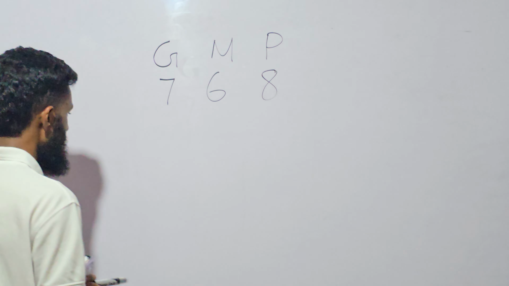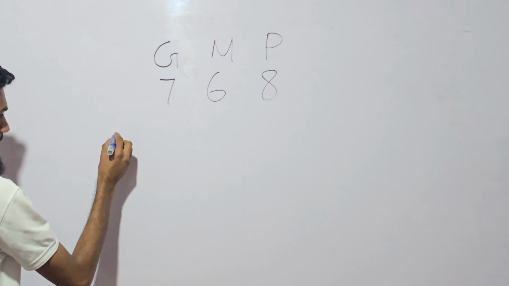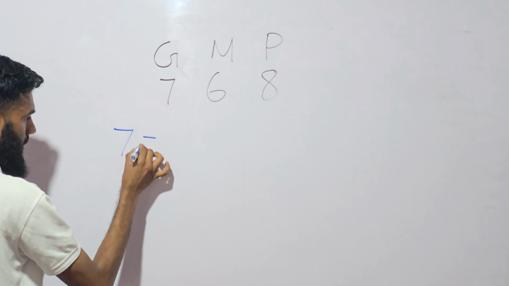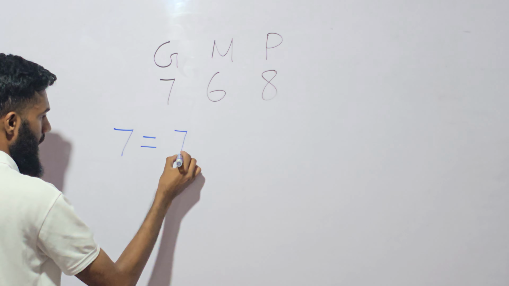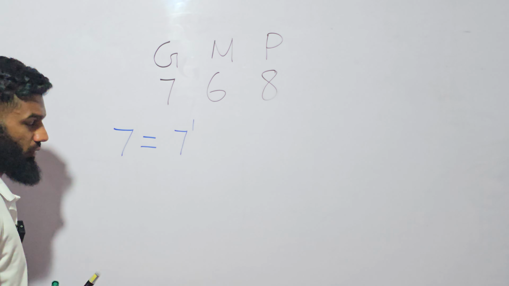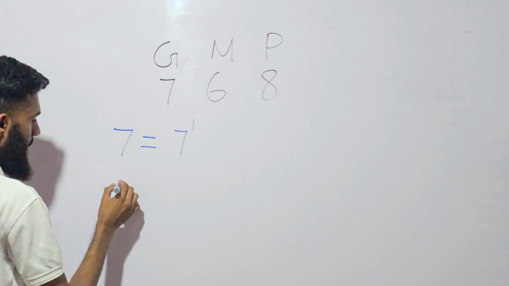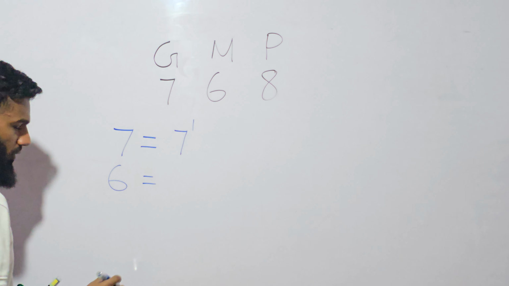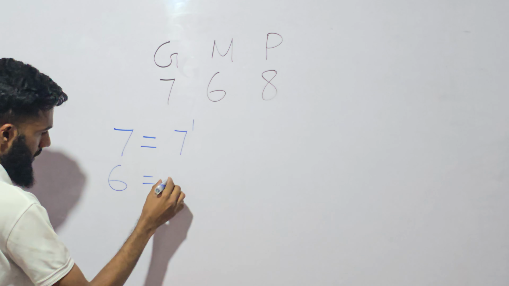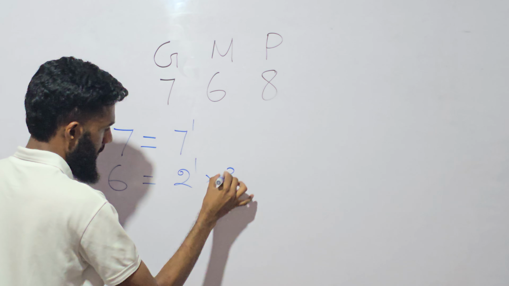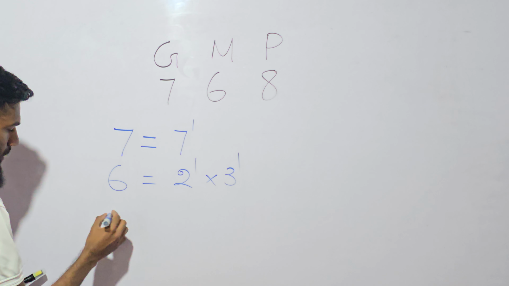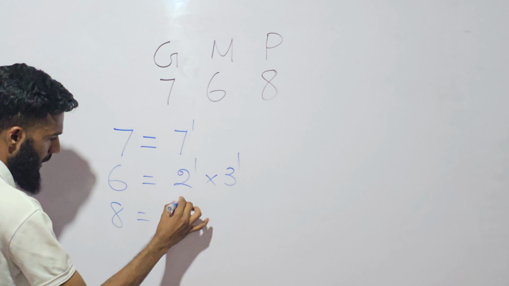Let me write 7. The 7 will have only one power, 7 to the power 1, because this is a prime number. You have to go with the prime factors. For 6, the prime factors are 2 to the power 1 and 3 to the power 1. For 8, it's 2 to the power 3.